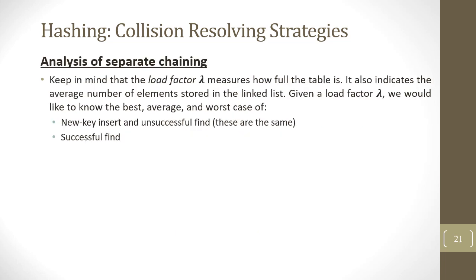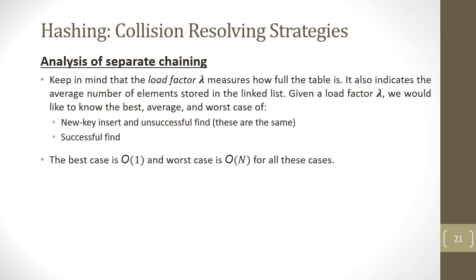Keeping in mind that the load factor measures how full the table is, it also indicates the average number of elements stored in the linked list. So given a load factor lambda, we would like to know the best, average and worst case of new key insert, which is also the same as unsuccessful find because the key would only be inserted if it's not already in the linked list, and successful find.